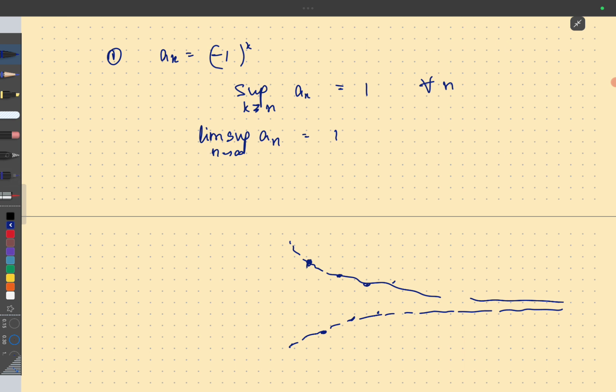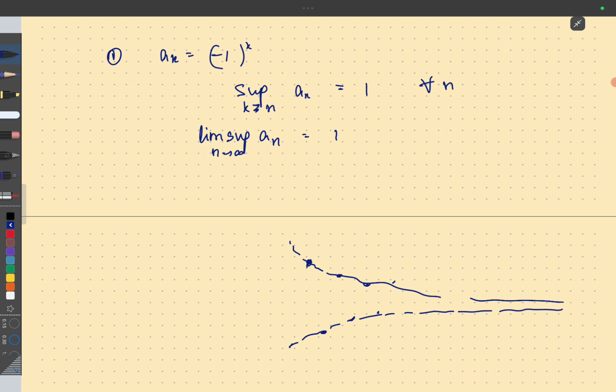But in this case, the lim sup and lim inf can still be calculated. The lim sup will essentially correspond to the limit of the upper envelope of the sequence, and the lim inf will correspond to the limit of the lower envelope of the sequence. That's the geometric interpretation of the lim sup and the lim inf.